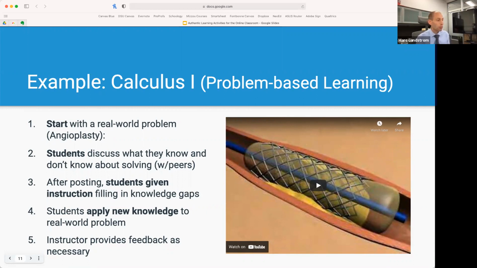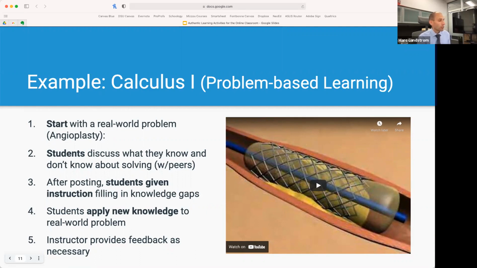So the problem that the students were presented with at the very beginning was you need to figure out the rate to inflate that balloon so that the expansion of the walls of the blood vessel happens within safe parameters. That was the problem.